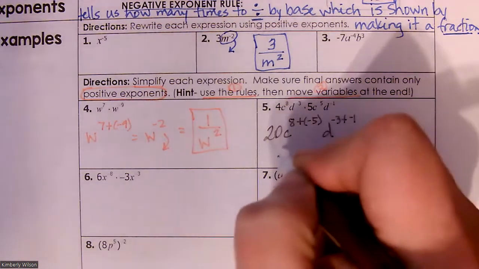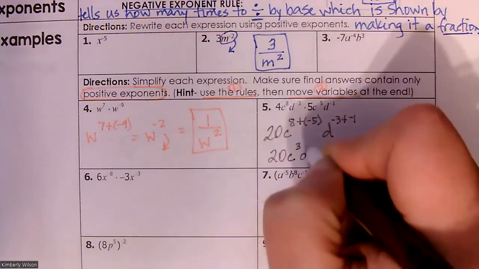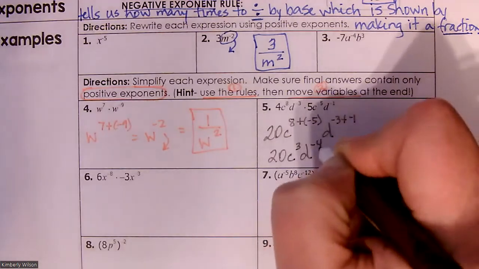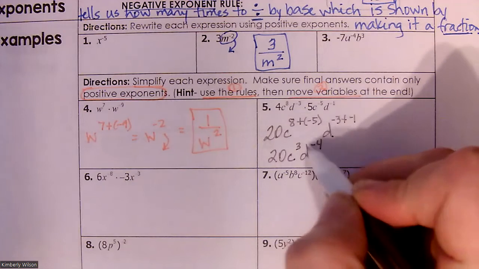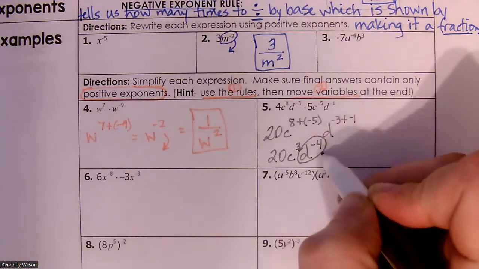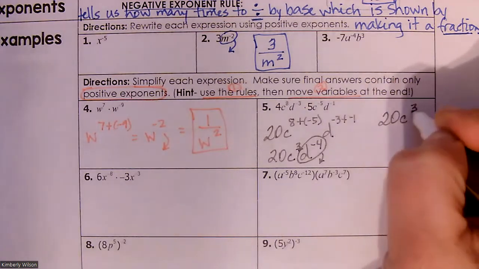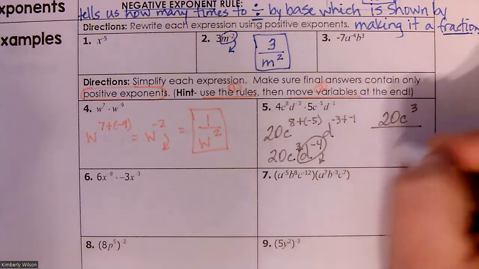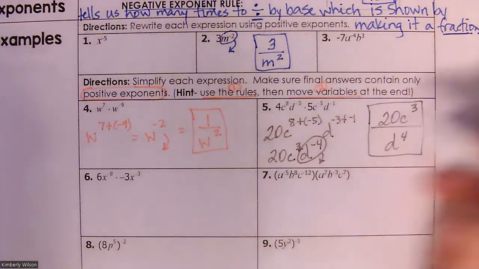So that's going to give me 20c to the 3rd, d to the negative 4. Since only the d is the negative 4, this is the only factor that is going to move to the denominator. So it's going to be 20c to the 3rd over d to the 4th as the final answer.